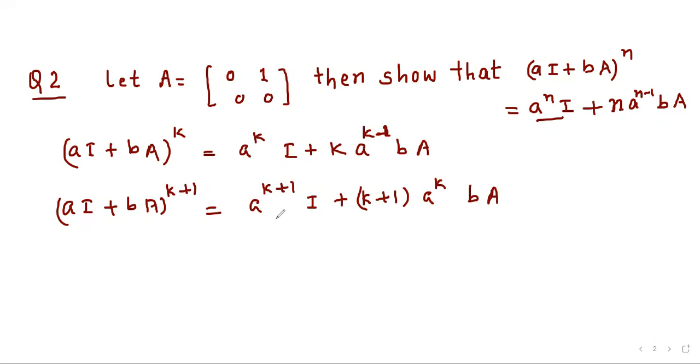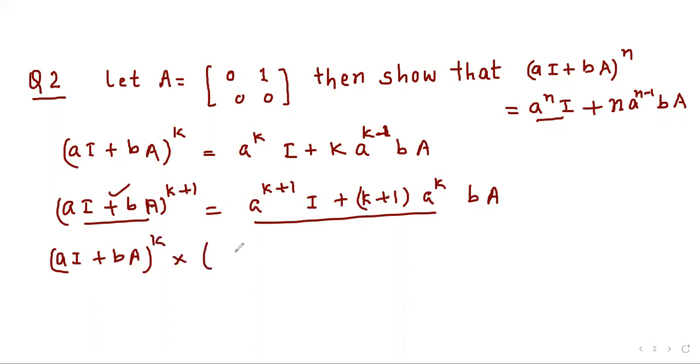So let's try to prove from here that LHS is equal to RHS. So (ai plus ba) power k plus 1 can be written as (ai plus ba) power k times (ai plus ba).